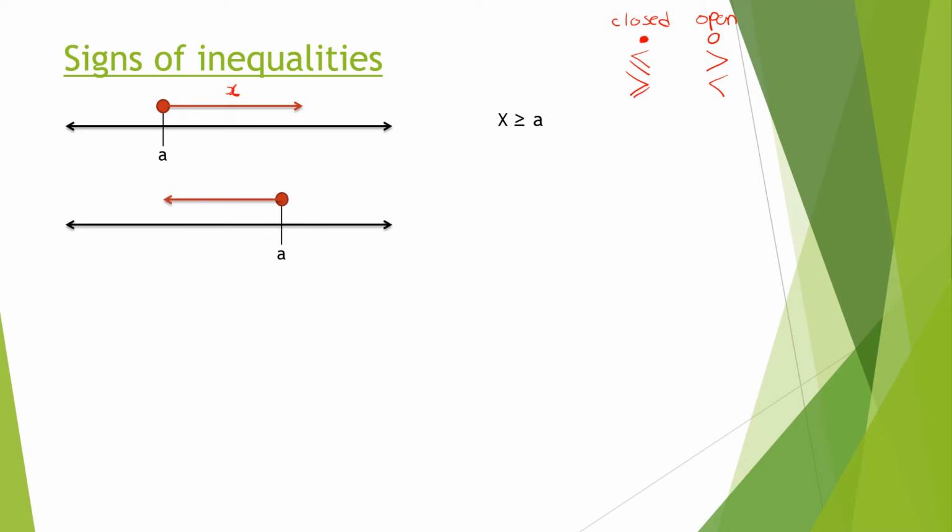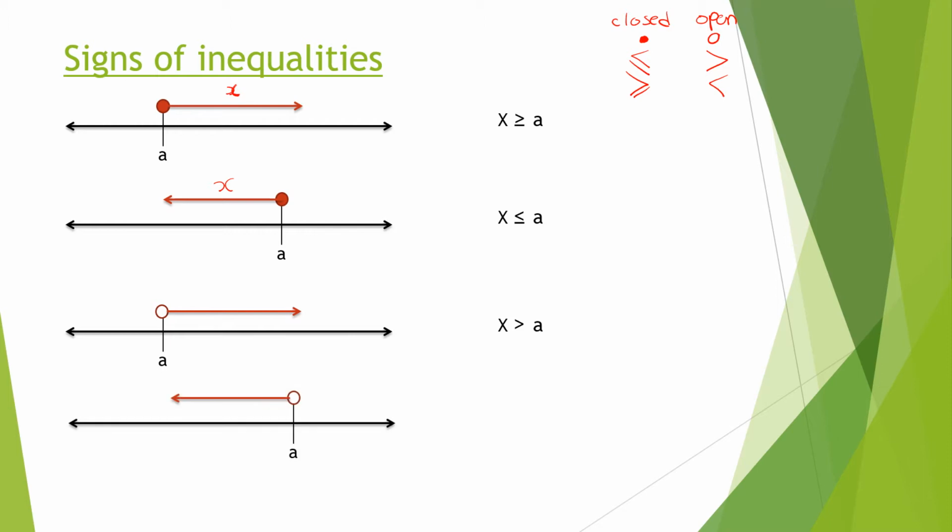As for this one, on the number line X is going to negative infinity, so here X is all that's less than or equal to A. This one is the same as the first one, but here it's open, so the number A itself is not included. So X is greater than A, but A itself is not included. Here it's the same as the second one: X is all that's less than A, but A itself is not included, so I'm not going to put an equal sign.